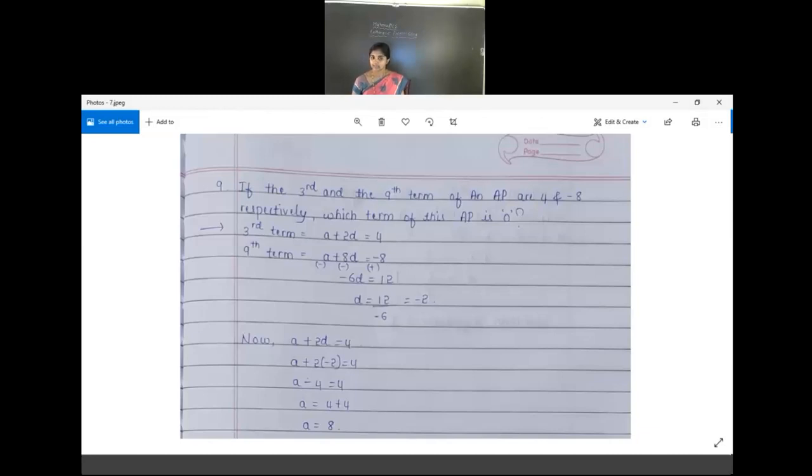See, third term is given, 9th term is given. Third term is 4 actually. 9th term is minus 8. Got the idea now? See here, read the question properly. If the third and 9th term of an AP are 4 and minus 8 respectively, so third term is 4 and 9th term is minus 8. Which term of this AP is 0?